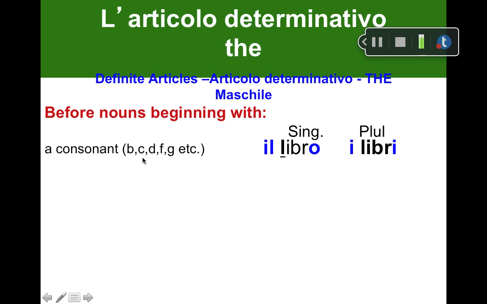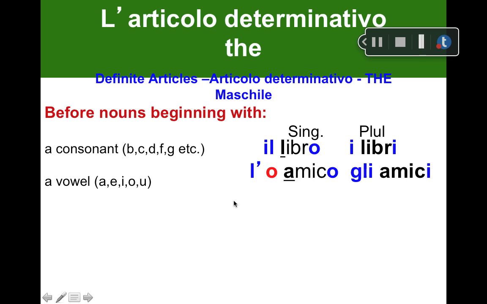If the noun starts with a consonant, any B, C, D, F, G, T, and so on, I have il libro in the singular, i libri in the plural. So il is the singular article, i is the plural. If the noun starts with a vowel, a, e, i, o, u, I have the article lo and gli.